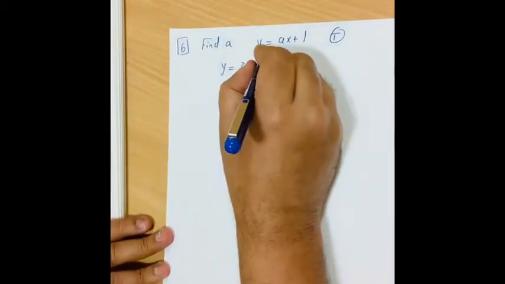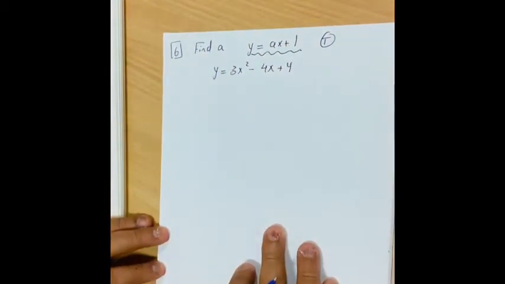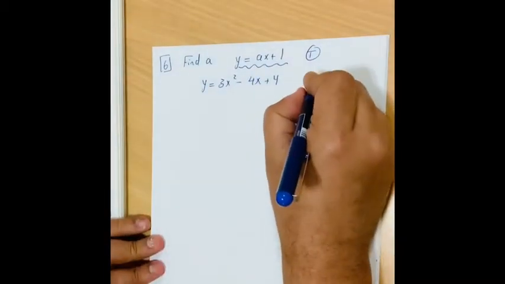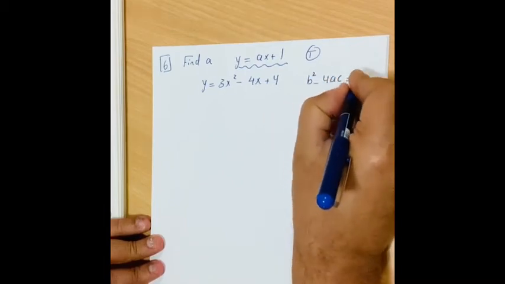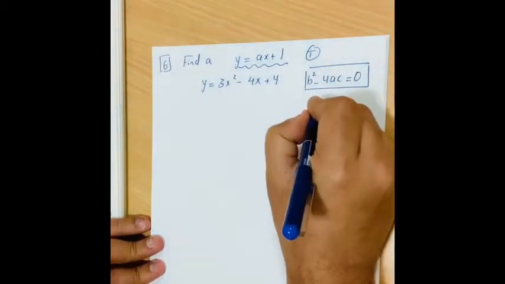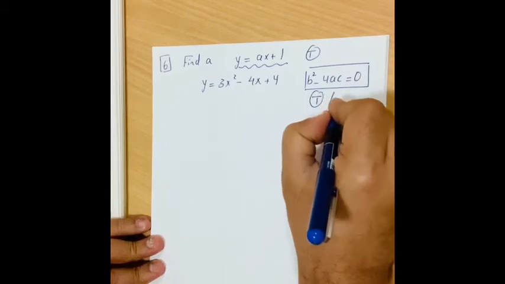So this straight line is a tangent to the curve. Only in one case, if the discriminant equals 0, right? When b squared minus 4ac equals 0, we say that the line is a tangent to the curve.